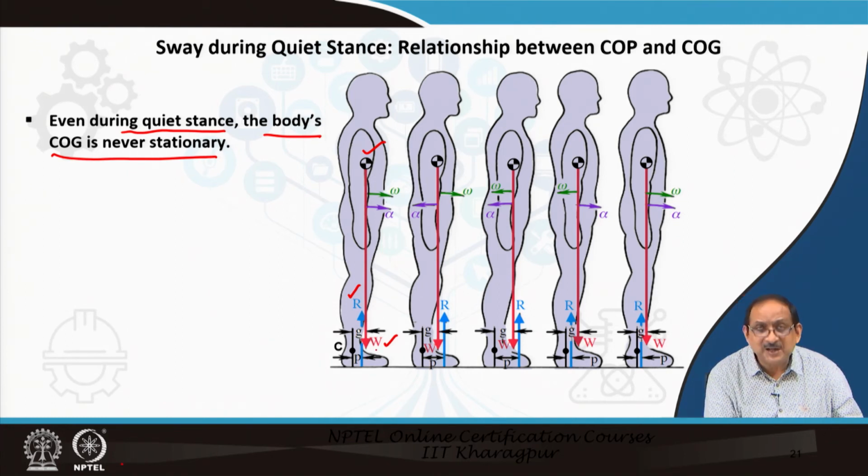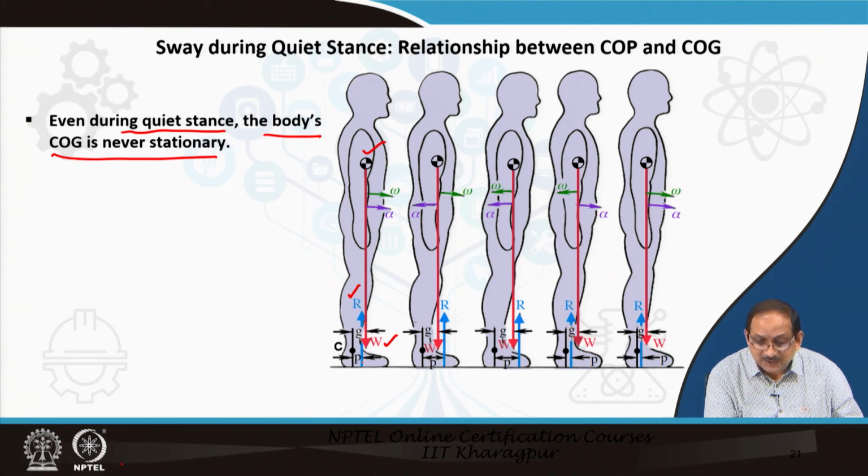These lines of action of the forces W and R are located at a distance from the ankle joint.